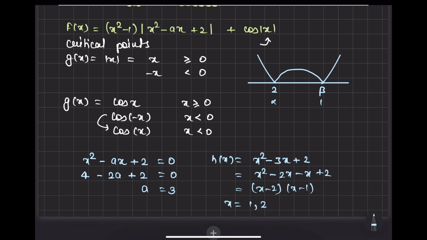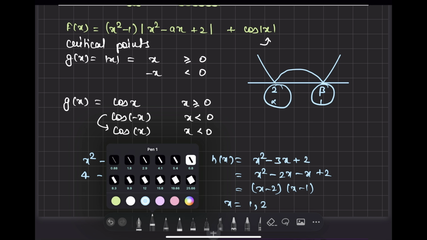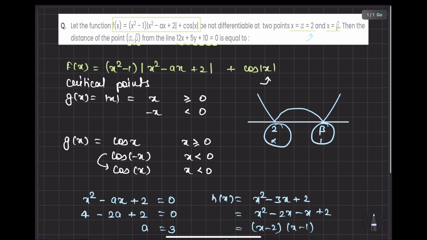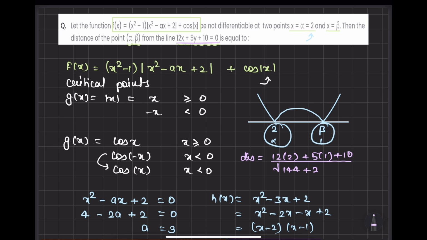Okay, so you got your alpha, you got your beta. Now we need to find the distance of the point alpha comma beta from the line, this. So the distance will be the point substituted in the line upon root of a square plus b square. Alpha is 2, so substitute the point. Point substitution upon root under a square plus b square. 12 square is 144 and then 25, so 169.